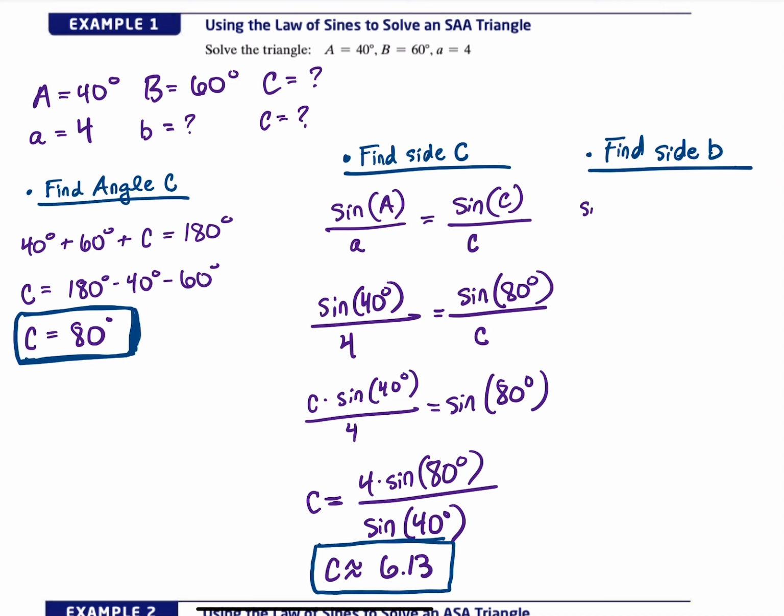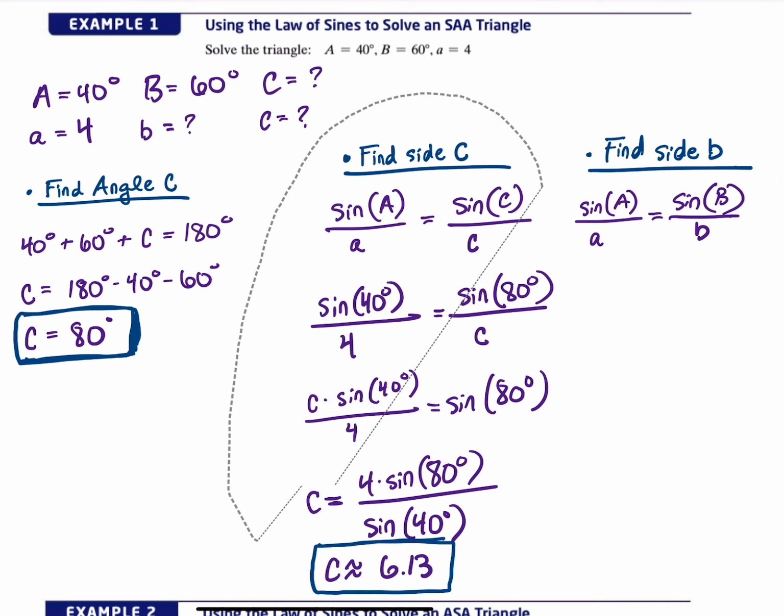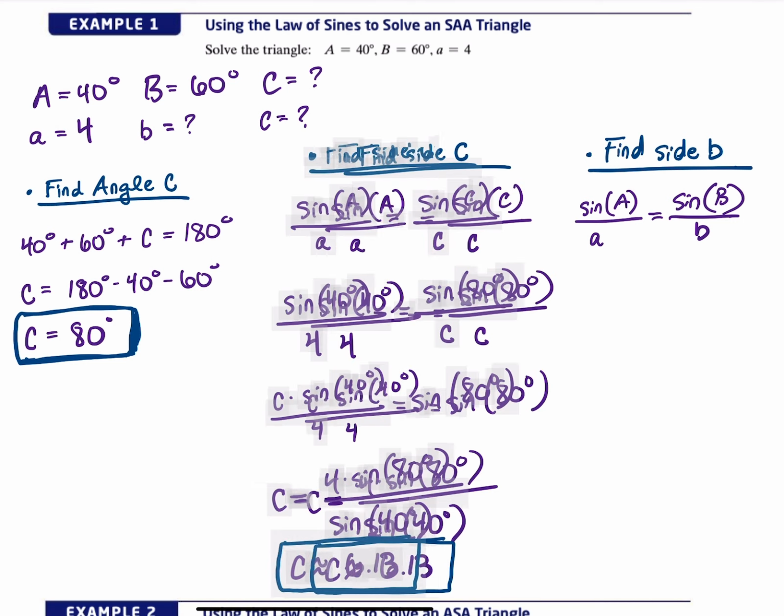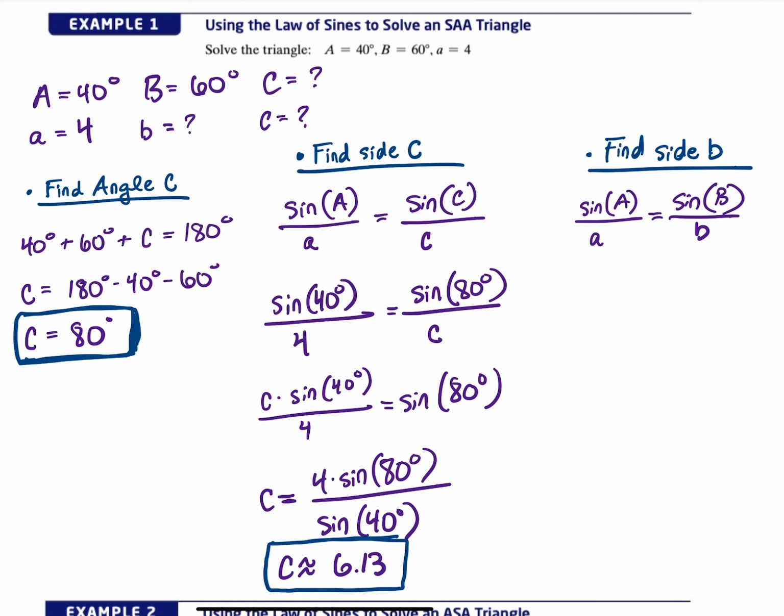We can say the sine of A over side length A should equal the sine of angle B over side length B. So let's plug in what we know.